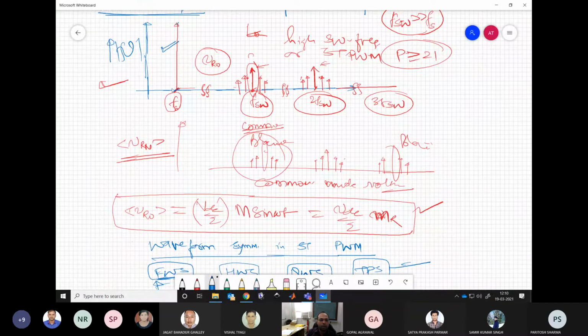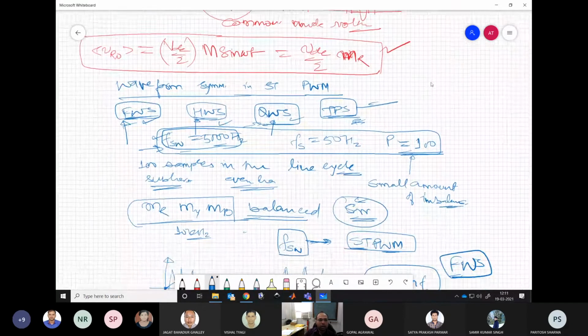When I say sharp, anything near it is very close to 0, so there is no harmonic in the neighborhood of the fundamental component. But after a long gap, at the switching frequency, we may have a component at FSW and then sidebands, and similarly at 2 FSW, 3 FSW, and so on. If by chance this component becomes a common mode, it will get cancelled.